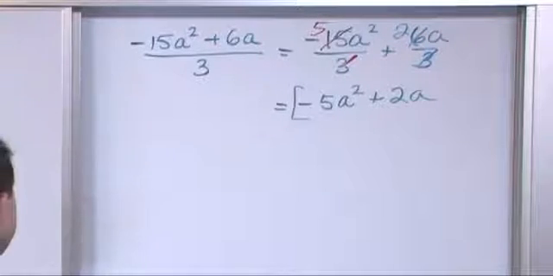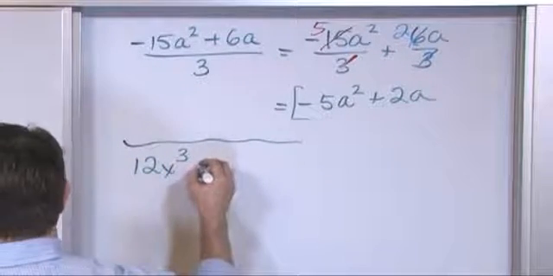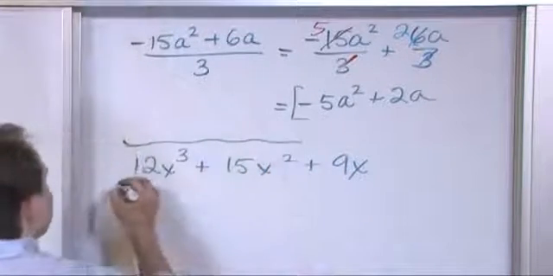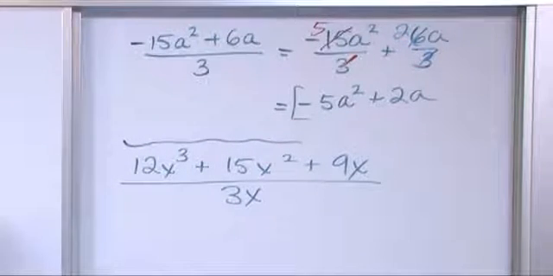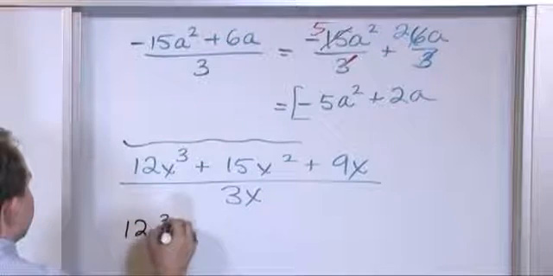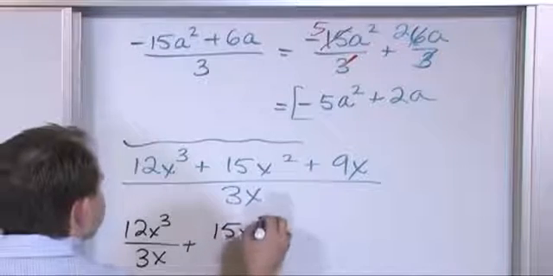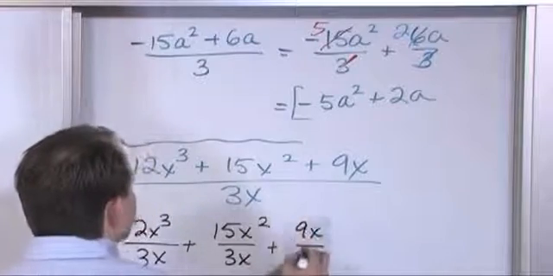Now, what if we have something a little bit bigger? Let's say I have 12x cubed plus 15x squared plus 9x, all divided by 3x. So you see the same exact thing applies. Here I have 3 terms on the top of my fraction, but it really doesn't change anything. I can still split this up exactly how I would expect. So I have 12x cubed over 3x plus 15x squared over 3x plus 9x over 3x.